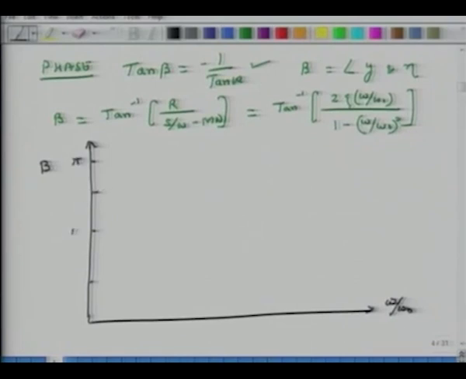Pi over 2, 0, 1, 2, 3, 4. So when eta is 0, my beta is basically pi.